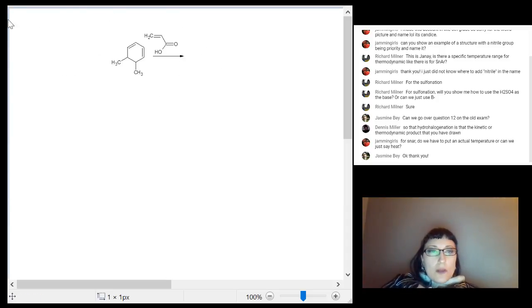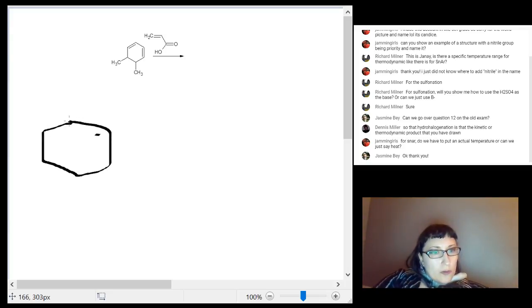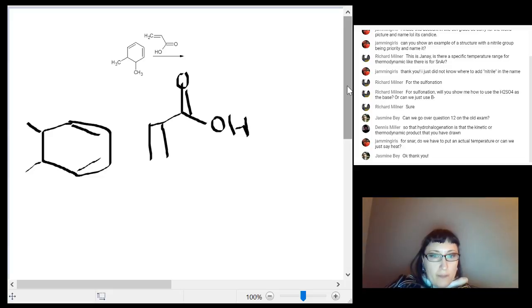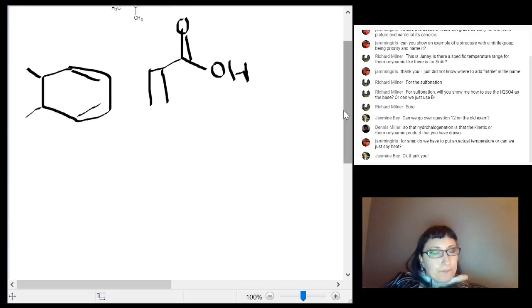Alright, so looking at this reaction here, we're looking at one of the Diels-Alder reactions. Pull out my paintbrush here. Methyl groups. I told you guys I always line mine up this way. I wasn't joking. I think it's just easier to see if you do it the same way every time. Oh, I didn't do that well.